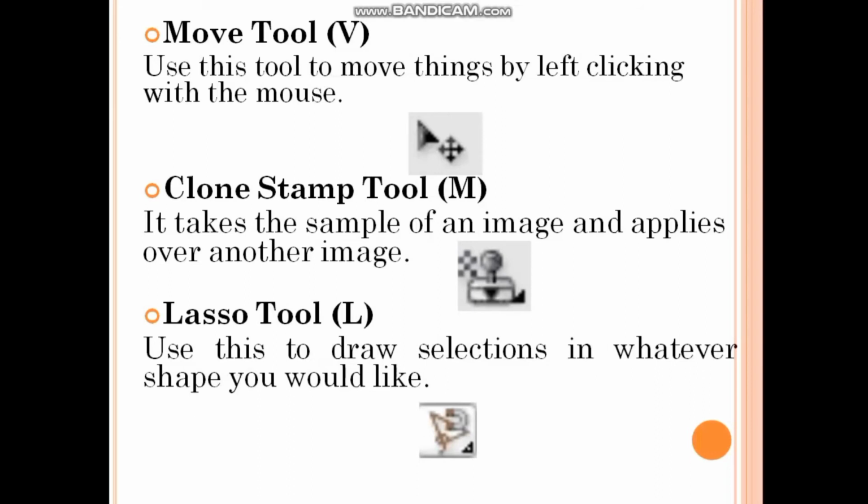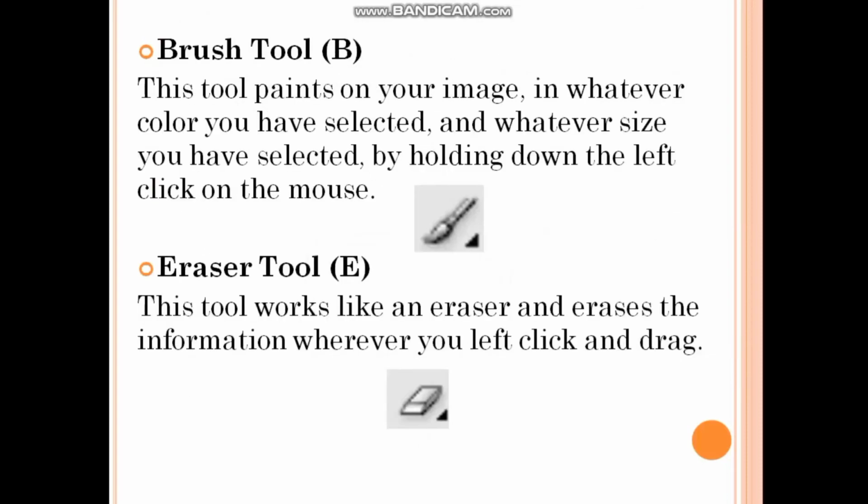Okay, the next tool is the lasso tool. The lasso tool is used to draw selections. Basically, for selection, the lasso tool is used in whatever shape you would like. It selects an object by drawing a freehand border around it. Okay, the next is the brush tool.